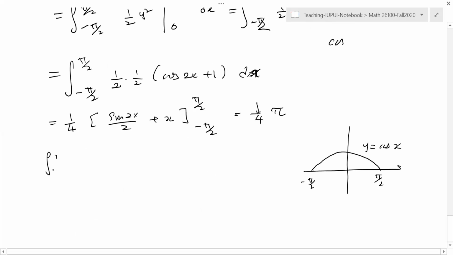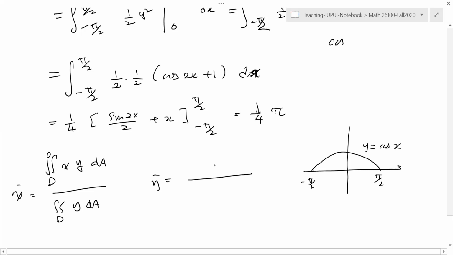One is the integral of x times y dA, because the density function is y. So this is the x bar. Y bar is going to be the double integral of y times y.